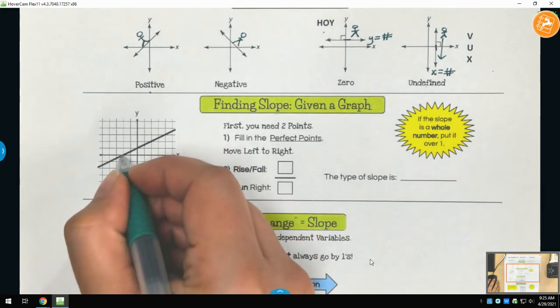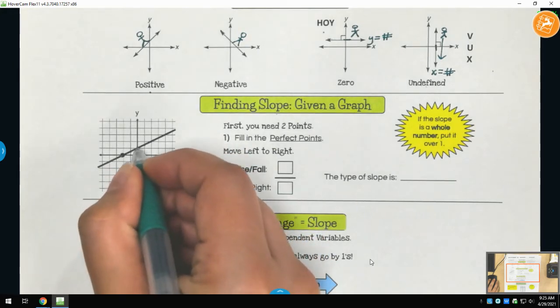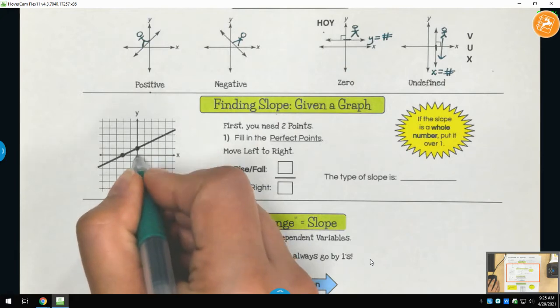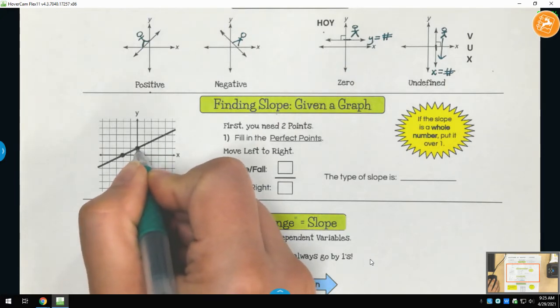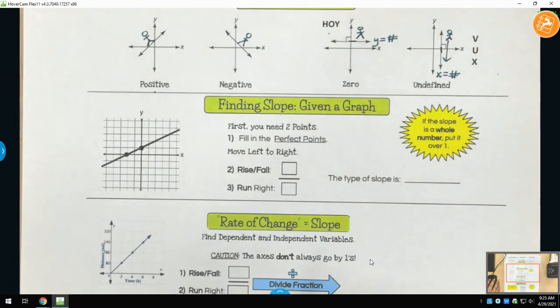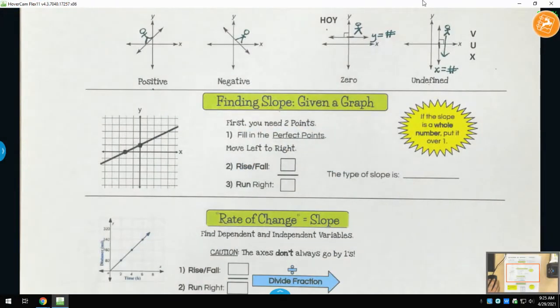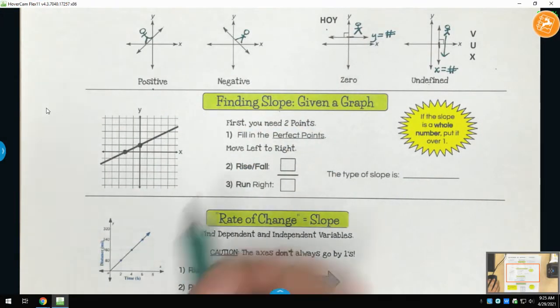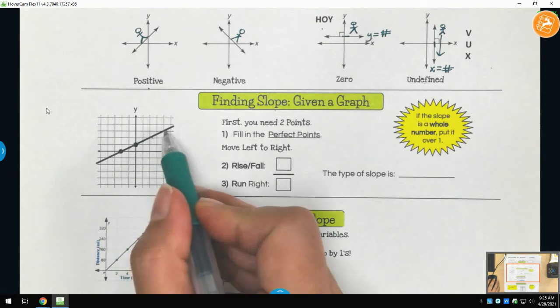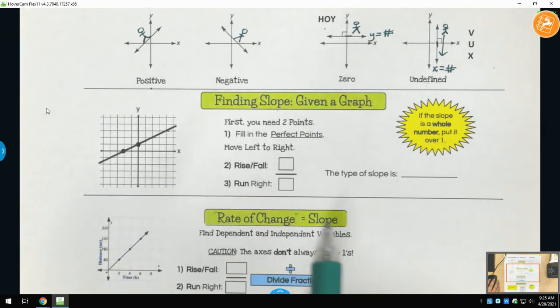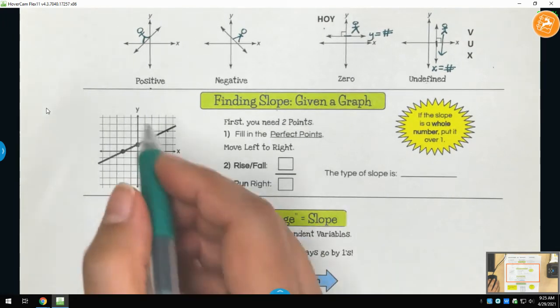So we want to look for points that are going to hit the corners so that if I wanted to make an ordered pair for that location, it would be whole numbers for my coordinates for x and y. Okay, so any 2 points, there's more. You could have picked points over here, this one. So you have several to choose from for this particular graph.